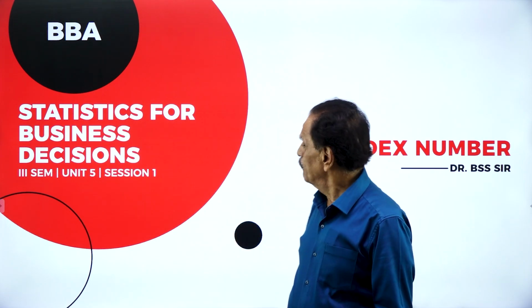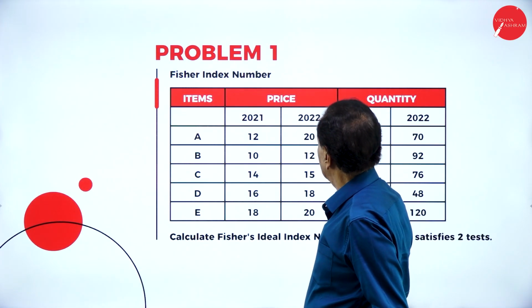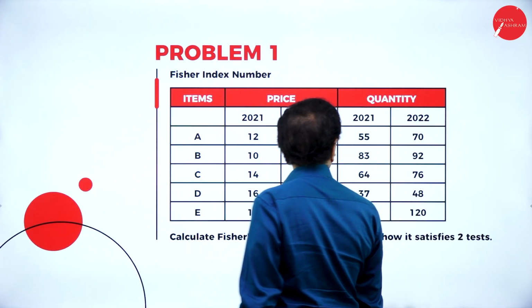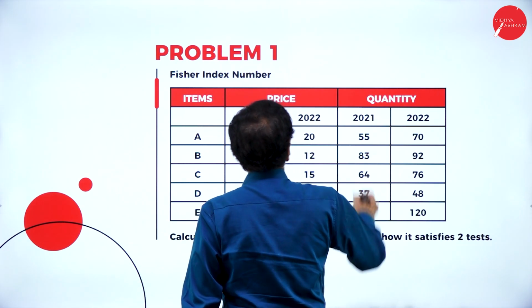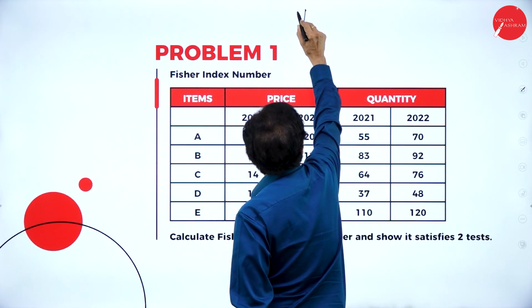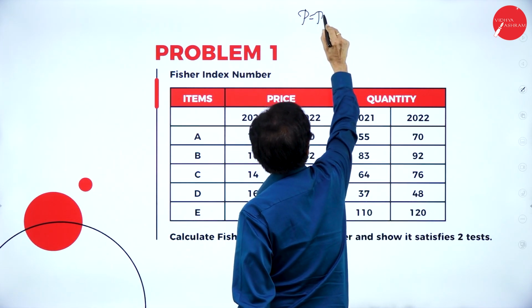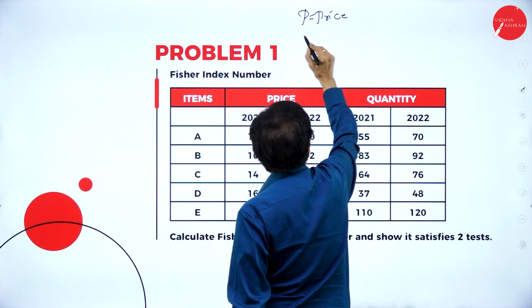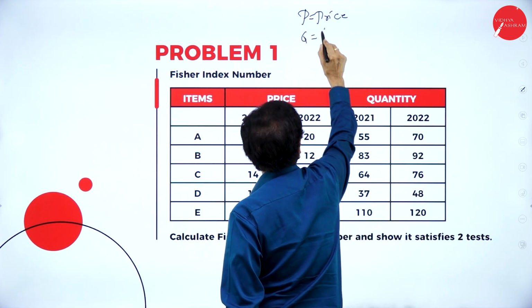So we'll move on now. Here, the major point: P means price, Q means quantity.